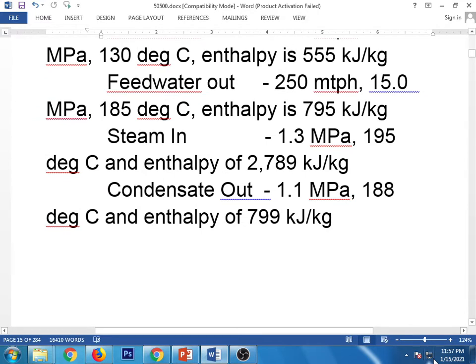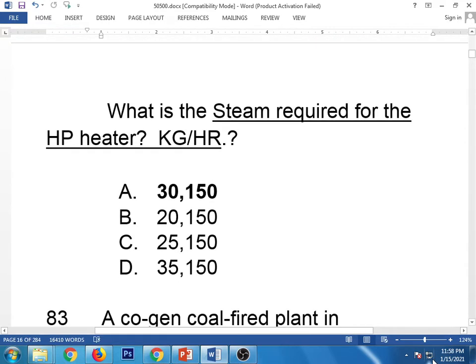Steam in: 1.3 MPa, 195 degrees Celsius, enthalpy 2,789 kilojoule per kilogram. Condensate out: 1.1 MPa, 188 degrees Celsius, enthalpy 799 kilojoule per kilogram. What is the steam required for the HP heater, in kilogram per hour? Answer: 30,150.